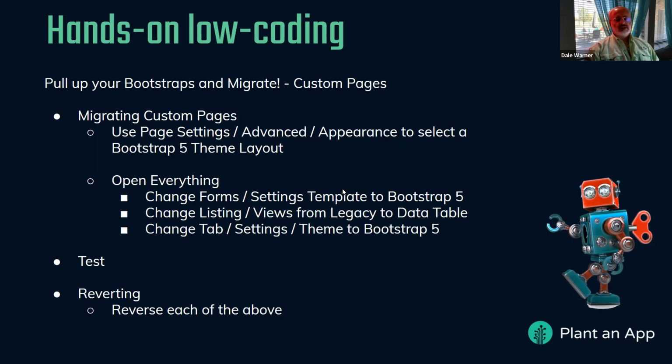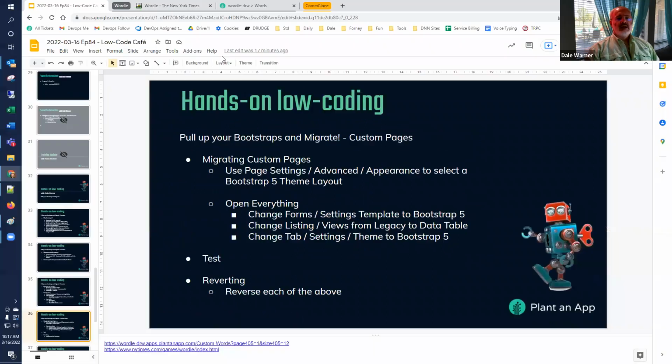We're going to talk today about doing both of those things, migrating it, and also reverting it. So we'll see the exact steps that are necessary. So here we go, hands-on.